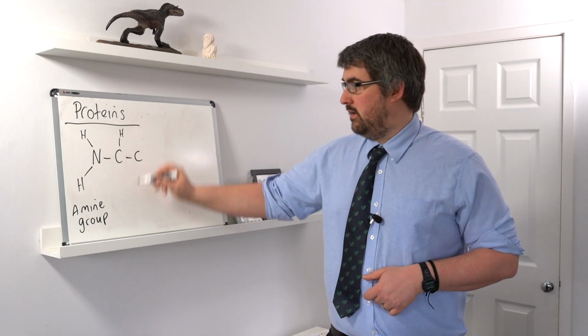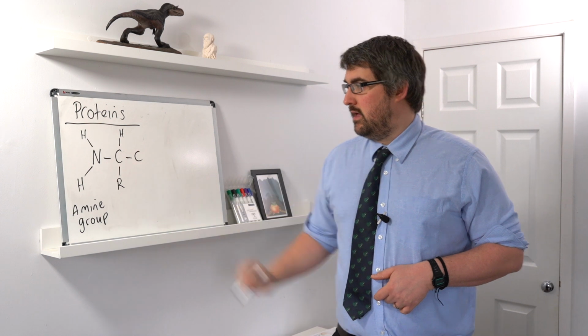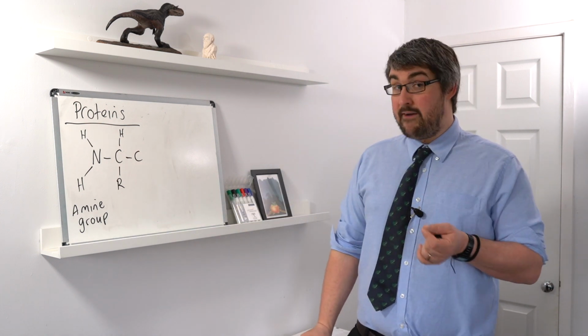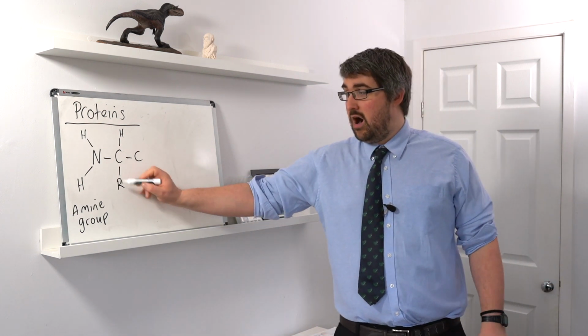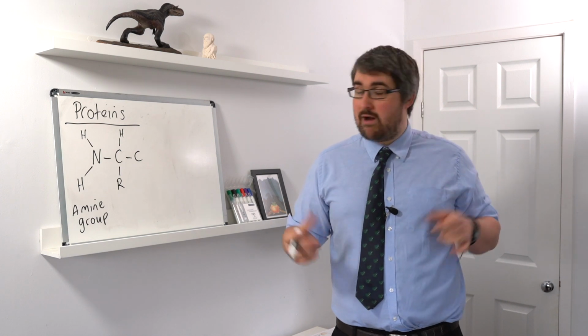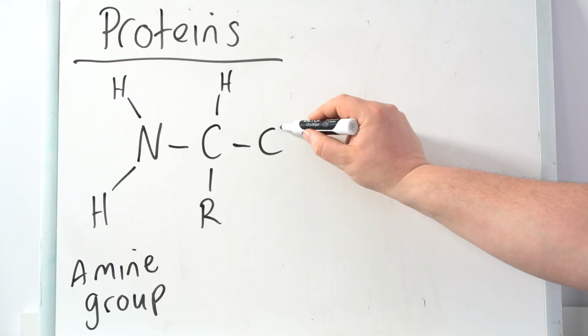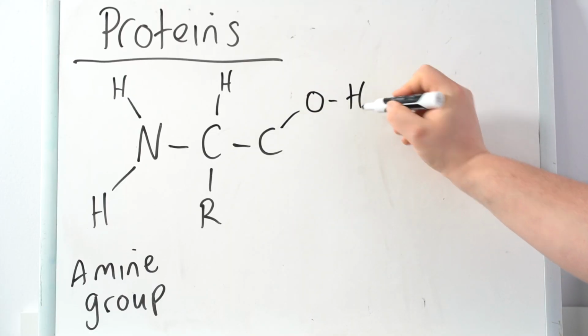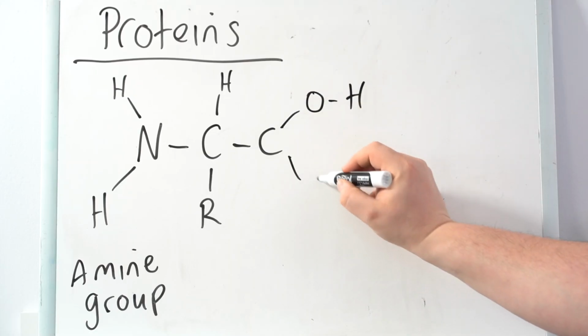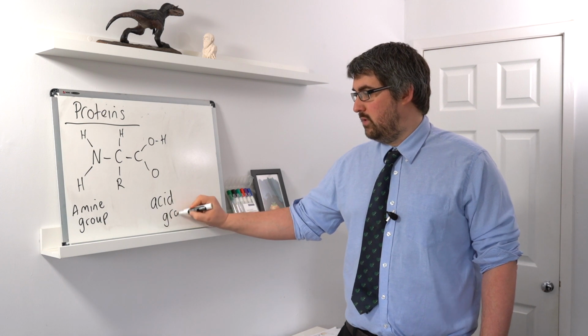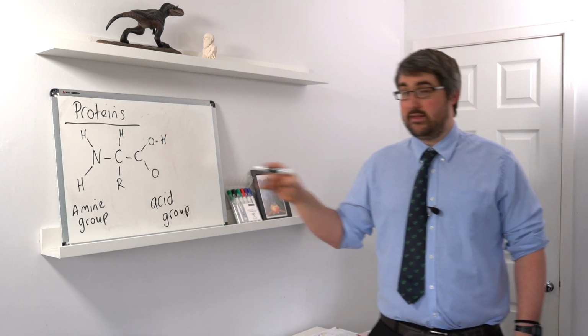We then have our central bit here, which is called the R group or the variable group, because this R here represents a wide range of different structures depending on the type of amino acid in question. And we have our last bit here, which is called our acid group, which then gives you the name amino acid.